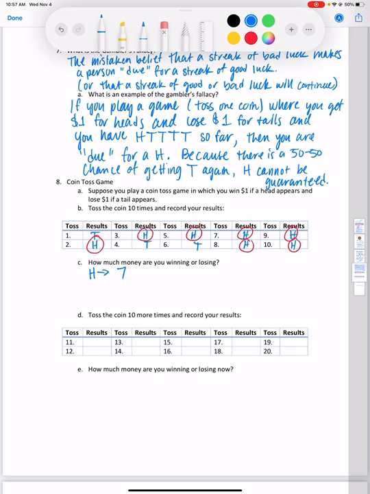So we've won $7. Okay, so $7 won. Tails, there's $3 lost. Okay, which is okay. I'm still winning, right? So my net is $4. So positive $4.